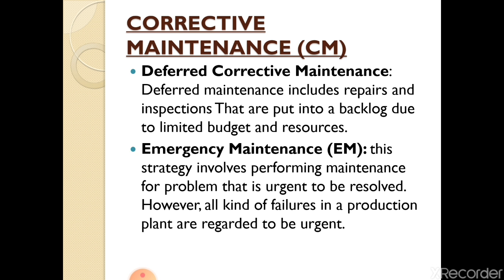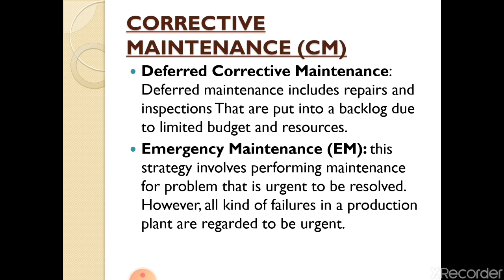Deferred maintenance includes repairs and inspections that are put into a backlog due to limited budget and resources. I can explain this with an example. The NPS, National Park Service, relies on funding from the US federal government, because the federal government must allocate its budget to hundreds of different areas.